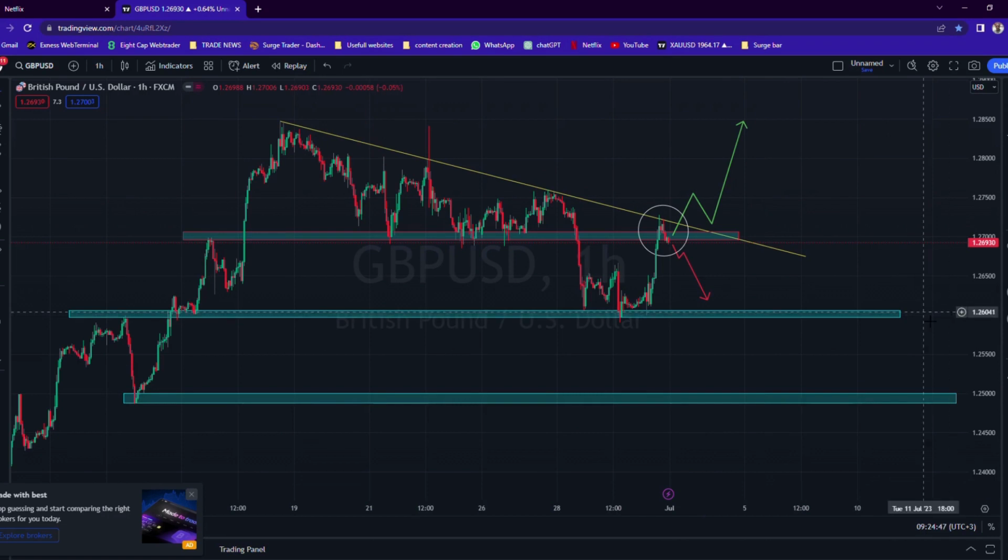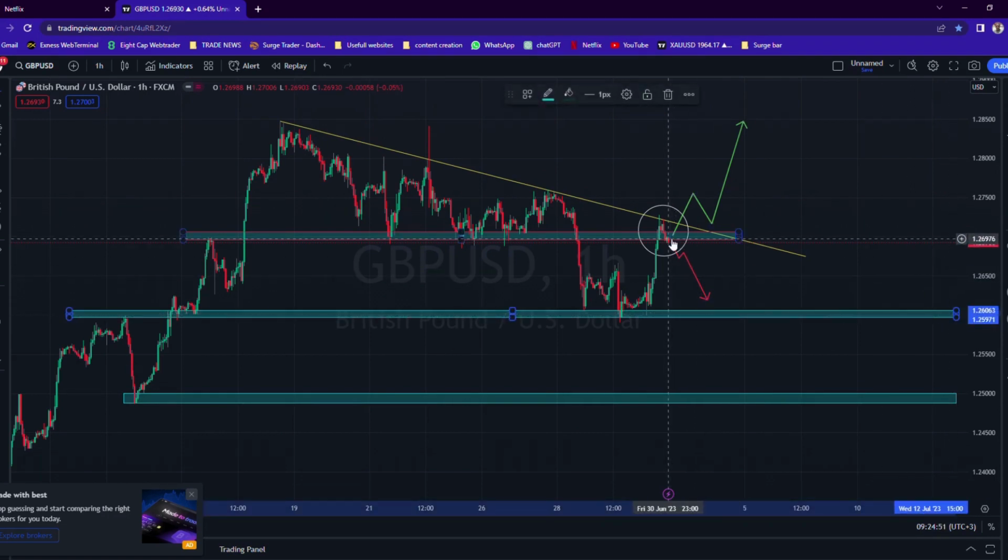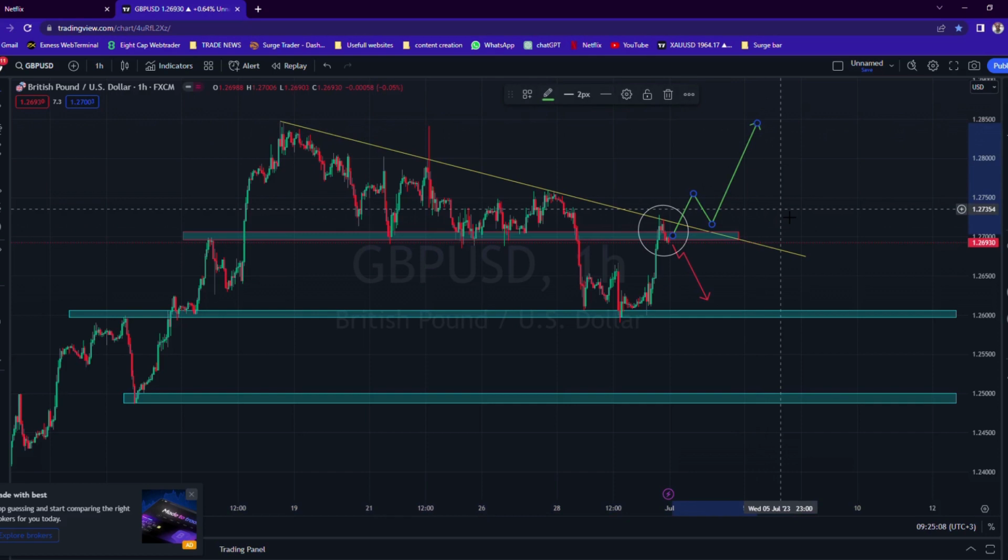So these are the two prices we are expecting GBP USD to fall to, which is right here and right there. Otherwise, if it breaks this trend line to the upside, we will wait for a retest on this zone, which is 1.27, and we start waiting for a move to the upside, because there is no 100% guarantee in trading that exactly this has to hold.